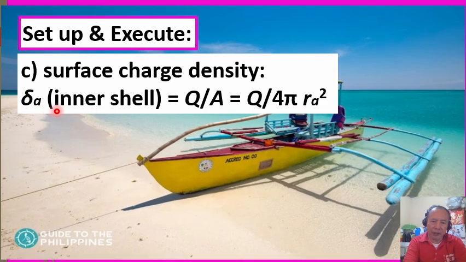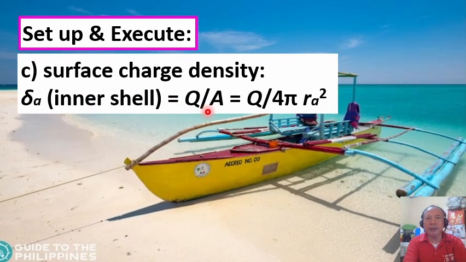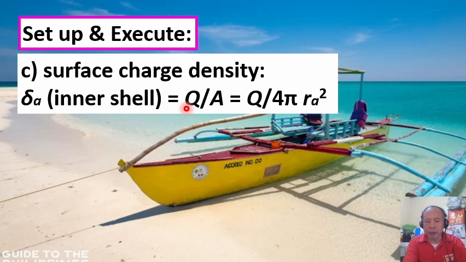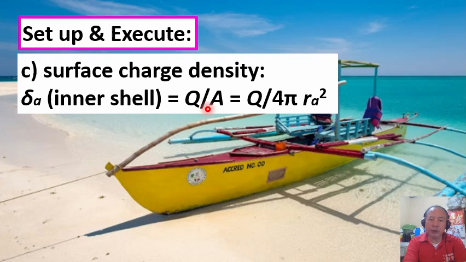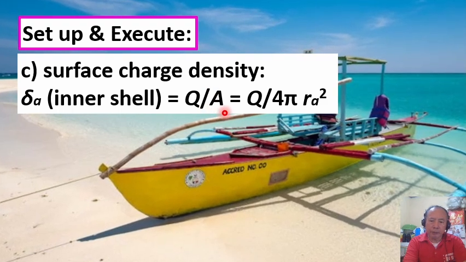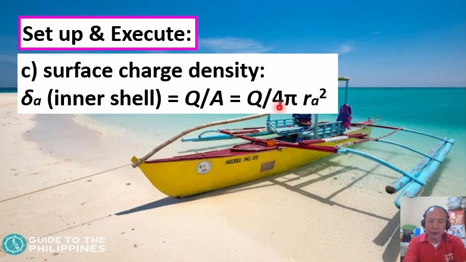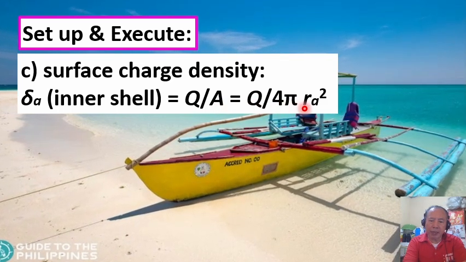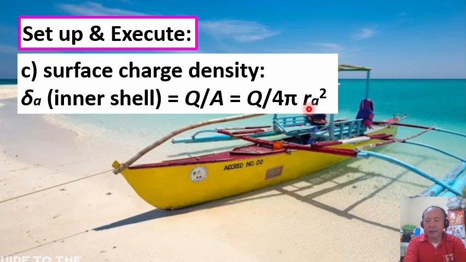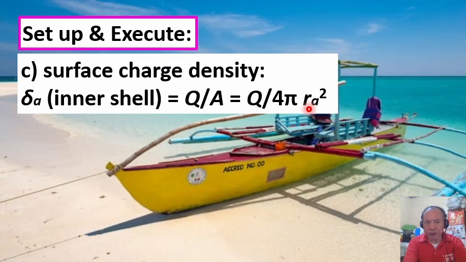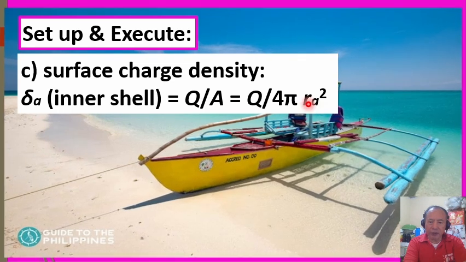So for the inner shell, the surface charge density is determined by just dividing the amount of capacitor charge big Q by the surface area capital A, or that's the same as 4 pi times the square of the outer radius of the inner shell, or r sub a squared.